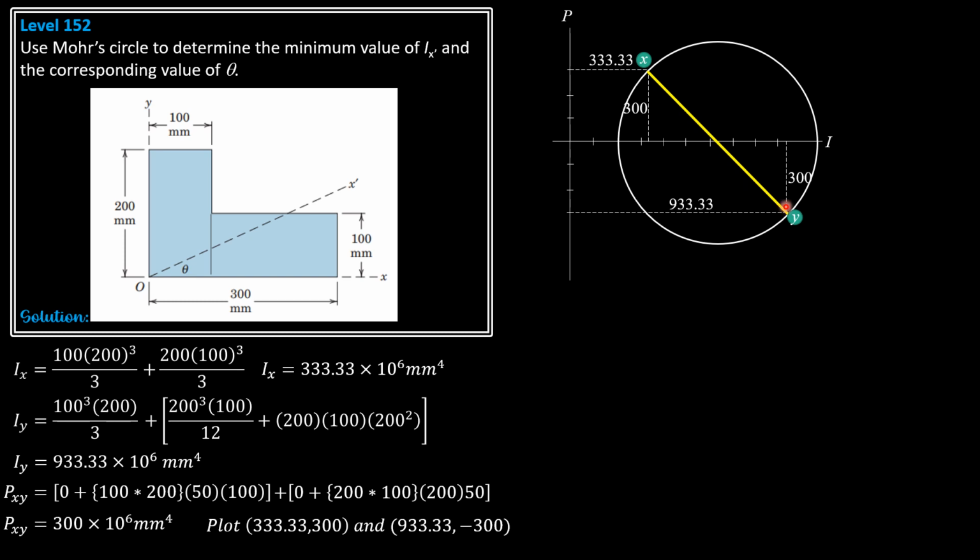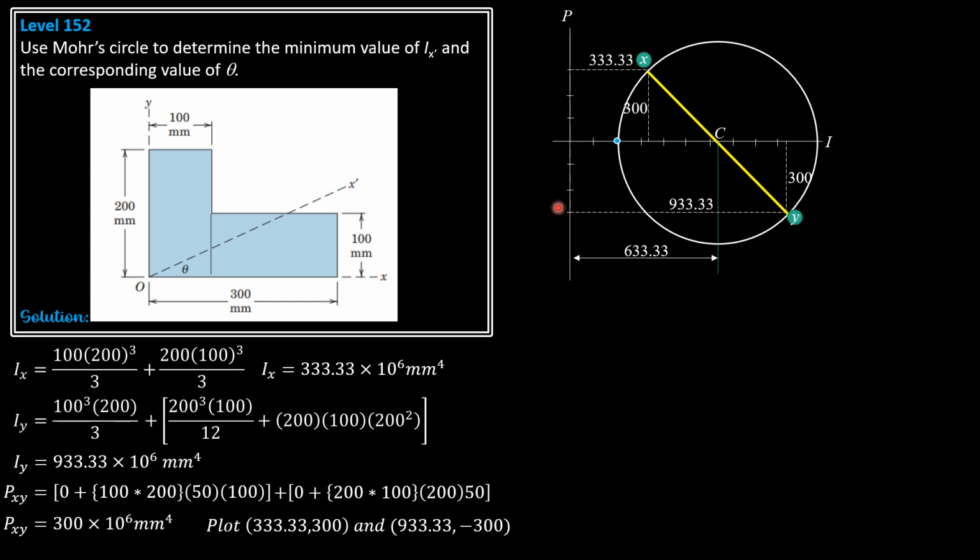So that's the X and that's the Y axis. Then the center C is again 1/2 of 333.33 plus 933.33, and that is equal to 633.33. We then consider this right triangle. The base is equal to 633.33 minus 333.33, and that is equal to 300.